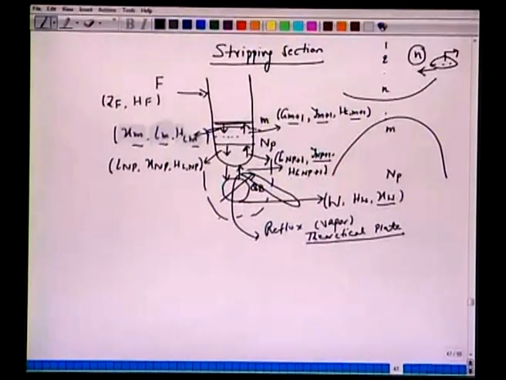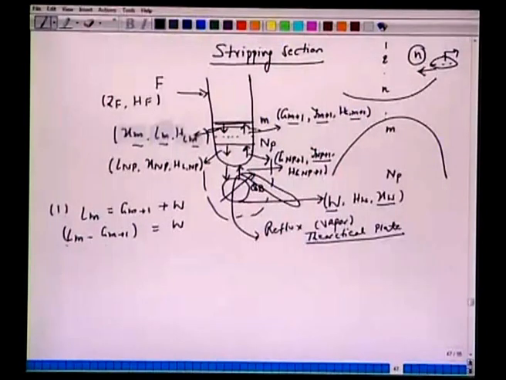So we can make three balances. The total molar flow rate balance, which we can write as Lm equals Gm plus 1 plus W. So Lm is this stream, equal to Gm plus 1 plus W, and we can rearrange to write Lm minus Gm plus 1 equals W. So I can try to make an analogy.